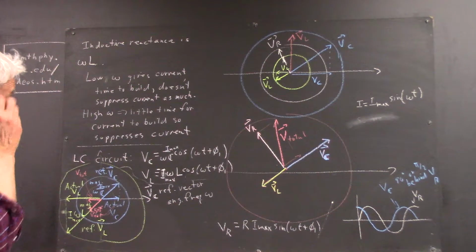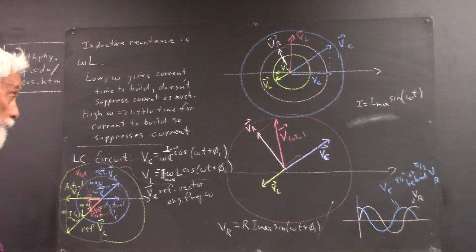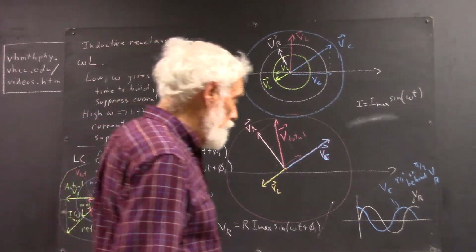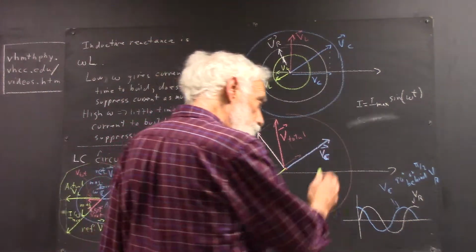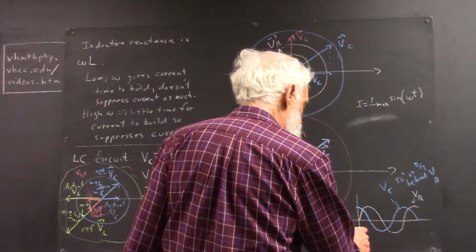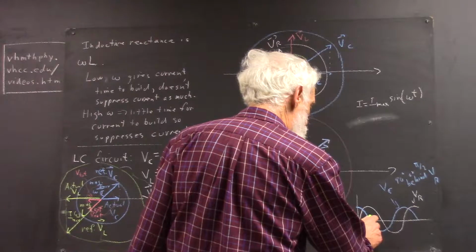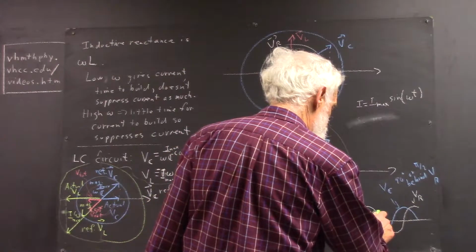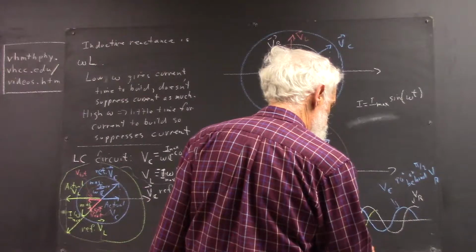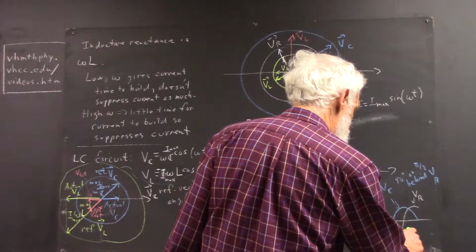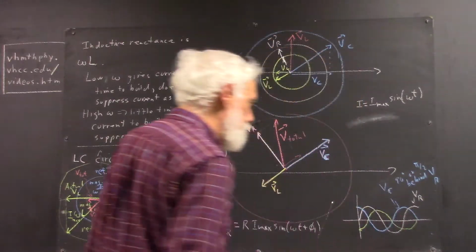Now what about the V sub L, the negative cosine? It's a negative multiple of the cosine, so I'm going to give it a little lesser amplitude, but the negative multiple of the cosine is going to start down here and come up to 0. And it'll come to a maximum, come back to 0 here, come down to a minimum, come back to 0 here.